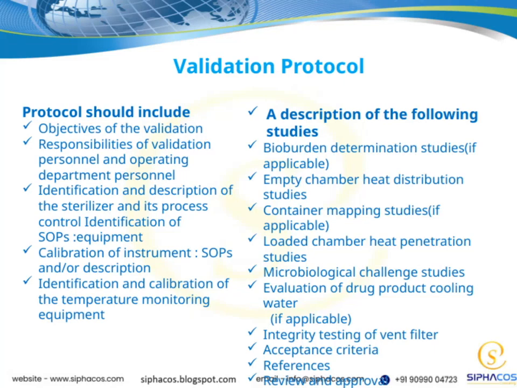Now, let's take a closer look at the types of studies involved in validation. First, we have bioburden determination studies, which are essential if applicable, to understand the microbial load on products before sterilization. Then, there are empty chamber heat distribution studies, helping us verify that heat is evenly distributed throughout the sterilizer chamber, ensuring effective sterilization.